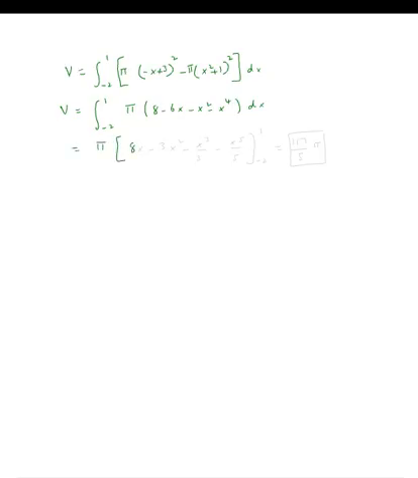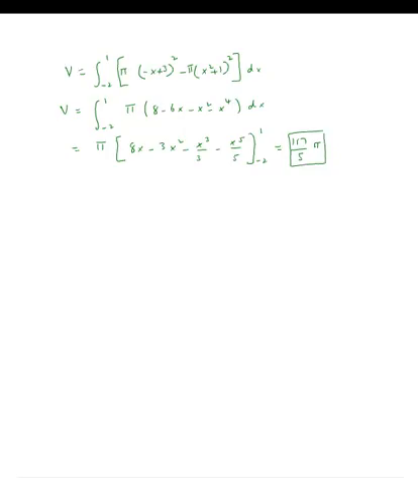That would be 8x minus 3x squared minus x cubed over 3 minus x to the fifth over 5, between negative 2 and 1, and that's just algebra. If you plug everything in, you're supposed to get 117 over 5 times pi, and that's our solution.